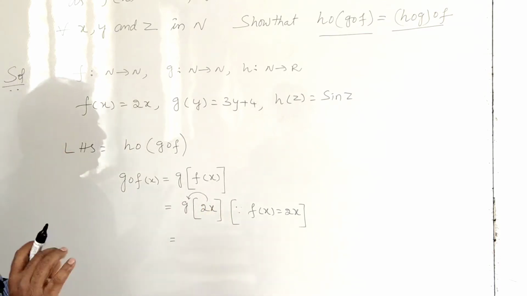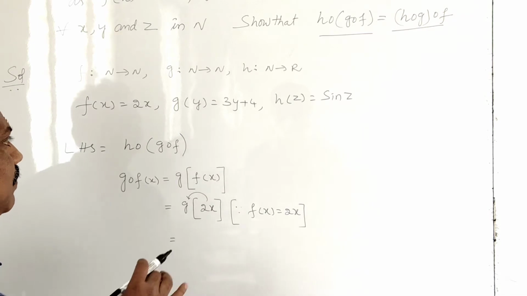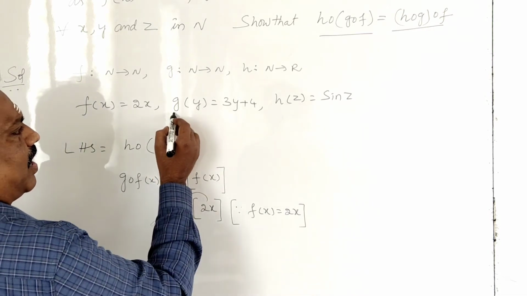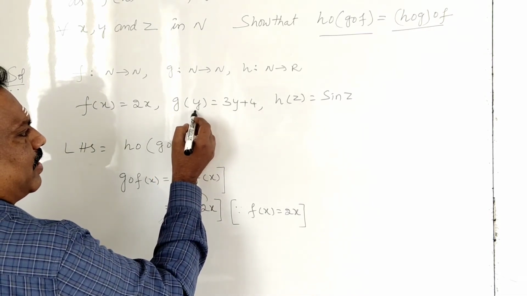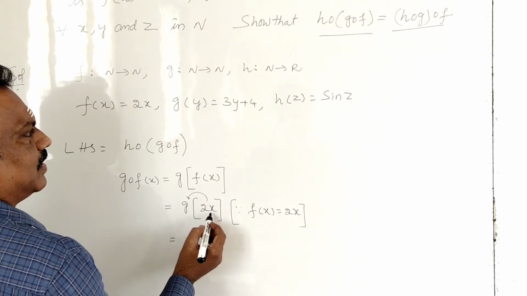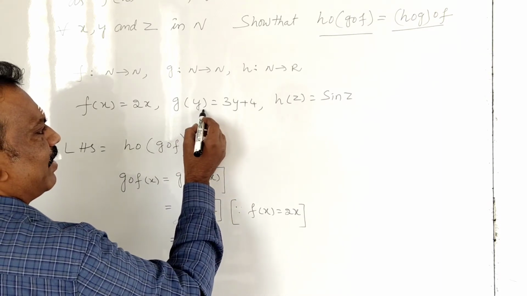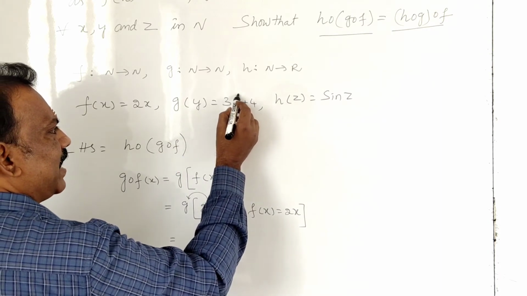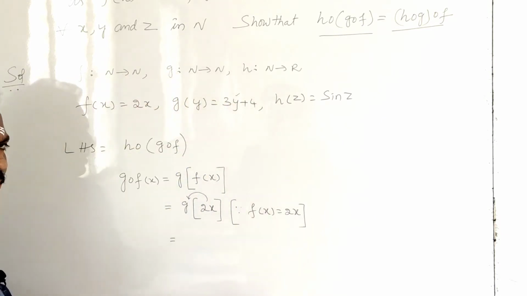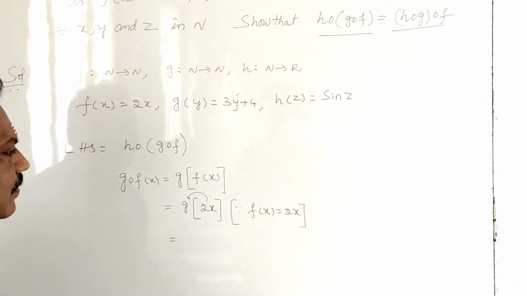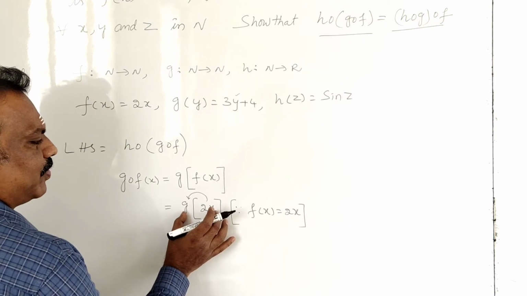In g, where do we have to replace? Simple students, g of y. So in the y place we have 2x. That's why in g of y, wherever y is, in that place we are going to replace. Understood students? So this is g of 2x.